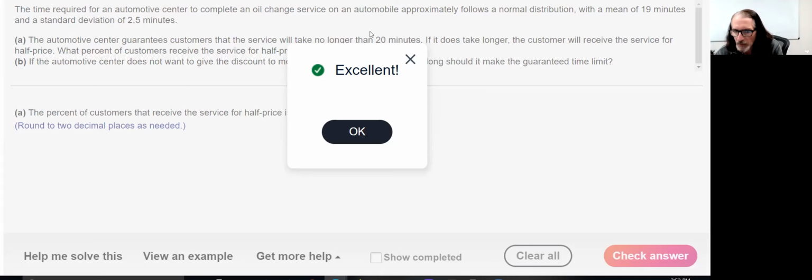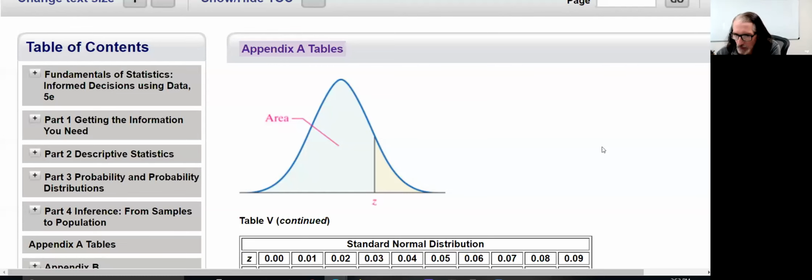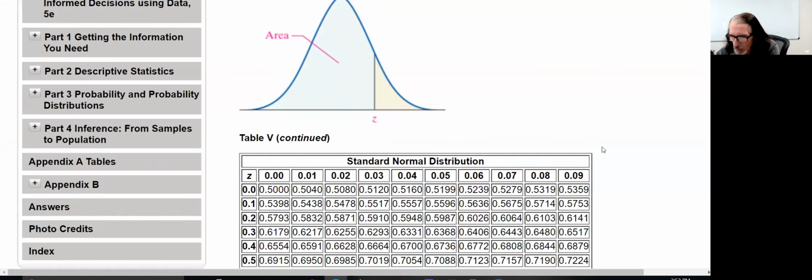Now, I don't see that option coming up here, which is why I thought they wanted the TI-84 to be used. So let me see if I can get the table to open up. Looking for a z-score of positive 0.4, which gives me the area to the left of it as 0.6554.